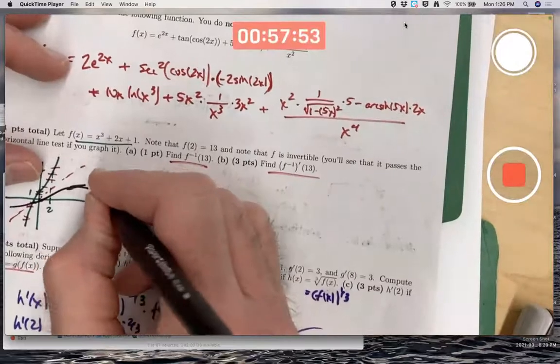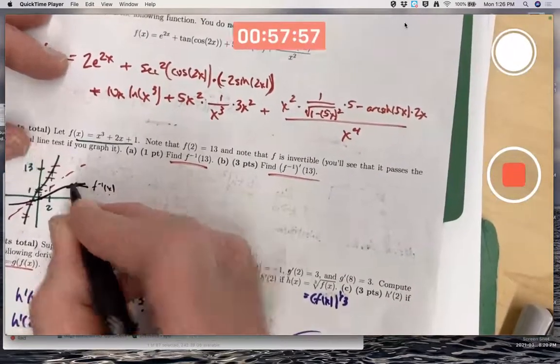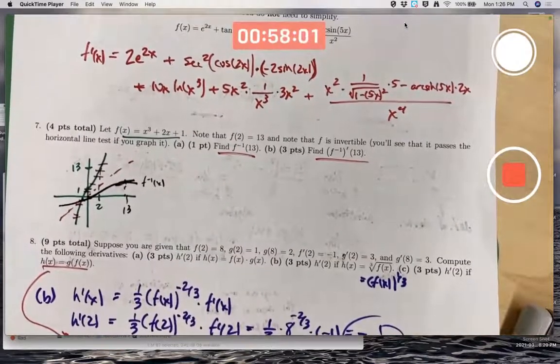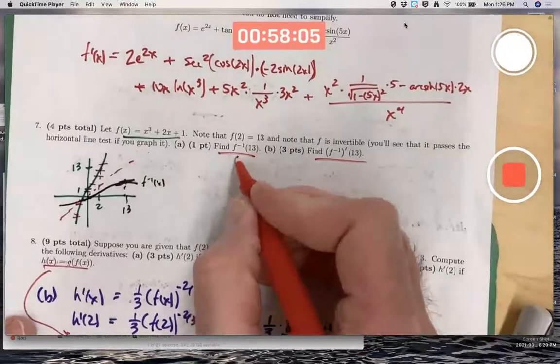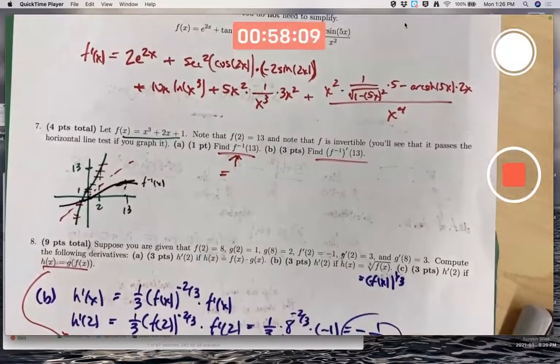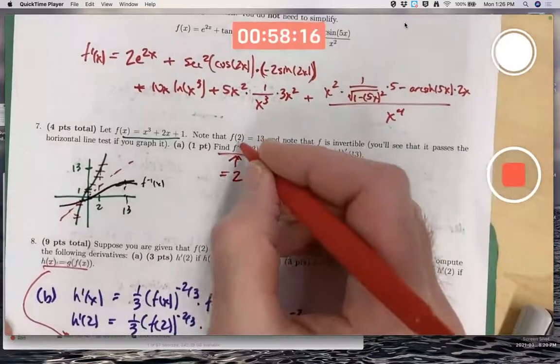That's f inverse of x. We're plugging 13 into it. What do we get out? You should be able to just look at this if you understand the ideas. What's f inverse of 13? 2, yep. Why? Because f of 2 is 13.